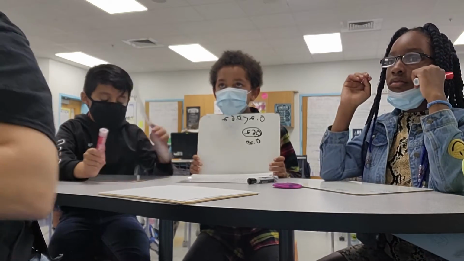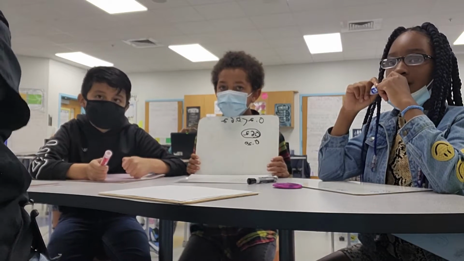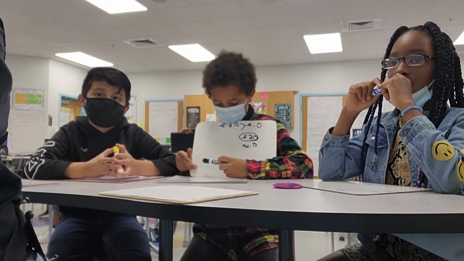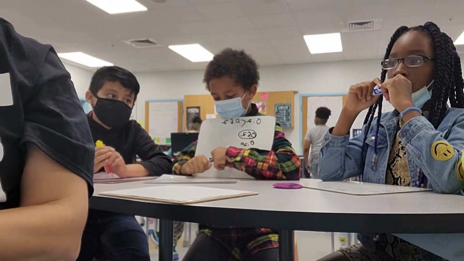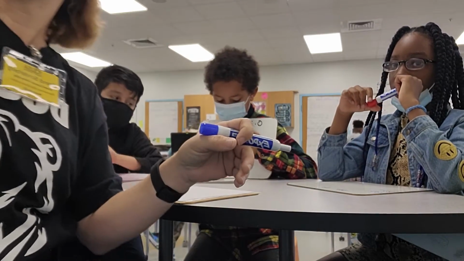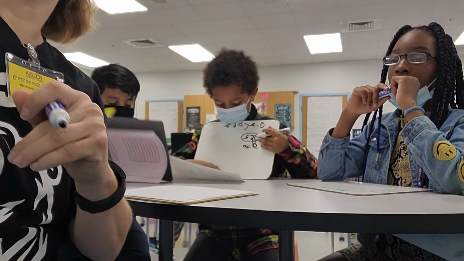Yup. Okay. Which one is higher? The 2 or the 6? The 6. So that means this one would be the highest. Okay? I'm gonna do one more. That's how you need to write it though, so that you know you're getting the correct answer.